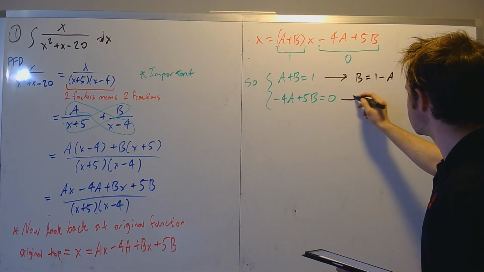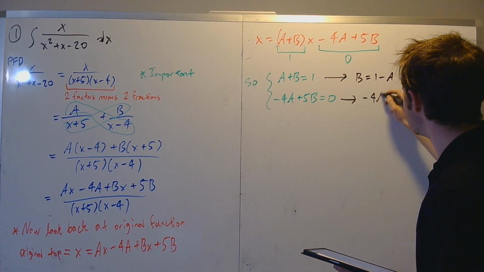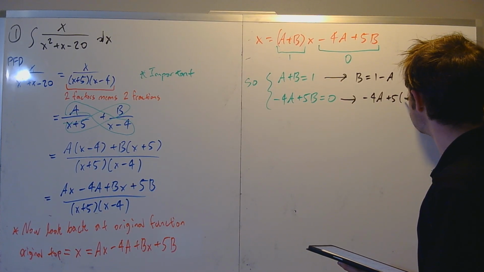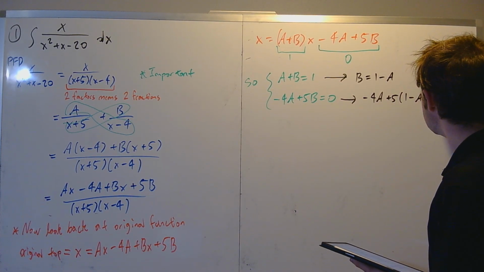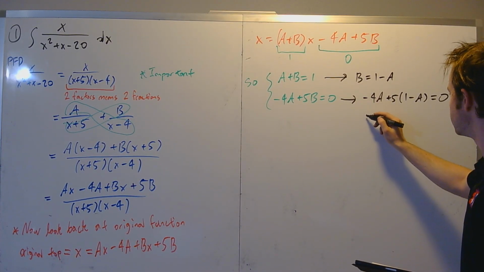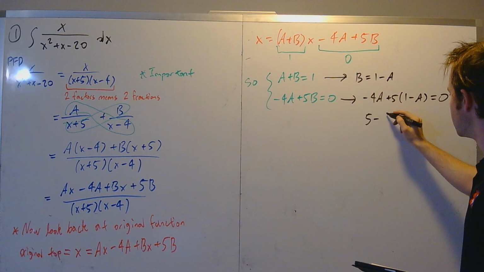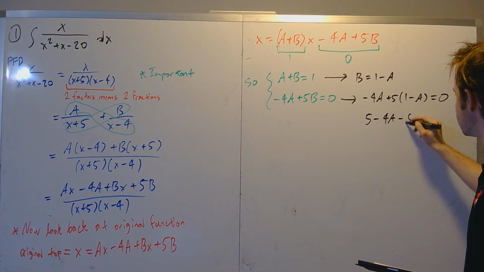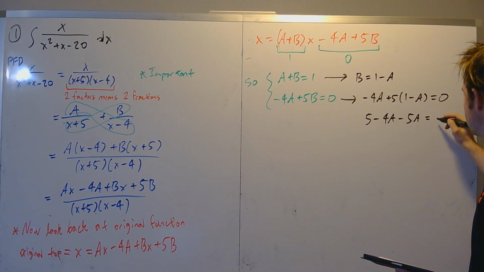So we're going to get minus 4a plus 5 times 1 minus a equals 0. Now we can try to solve for a. So we're going to get 5 minus 4a minus 5a equals 0.